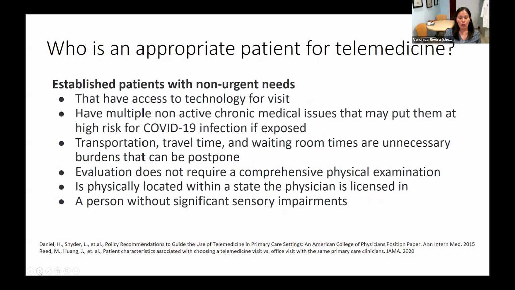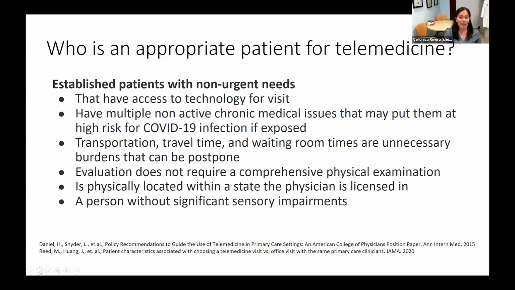And then in general, a big question that often comes up is, well, who is appropriate for these telemedicine visits, whether they're audio or video platforms? And so in terms of patients with non-urgent needs, that's definitely something where you can consider coordinating a video visit.